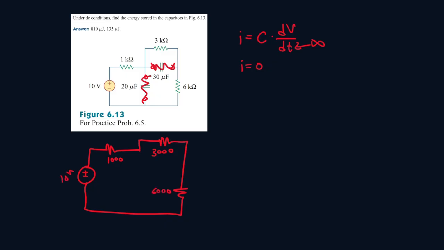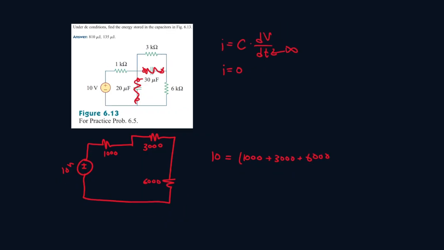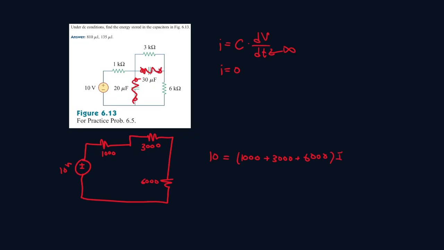Now let's find the current passing through it. So it'll be 10 equals 1000 plus 3000 plus 6000 times I, the current. So let me see what that gives me.